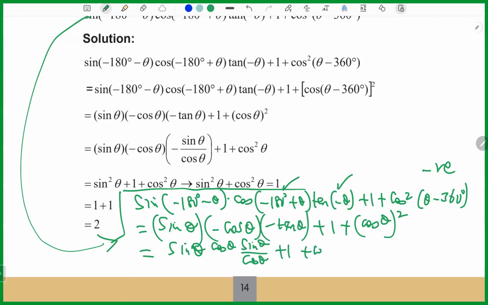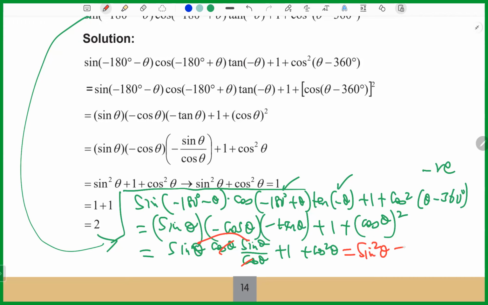So cosine cancels cosine. You're left with sine times sine, which is sine squared.